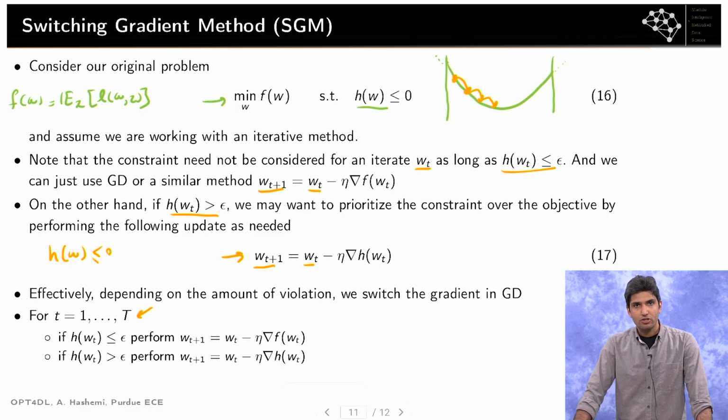Whereas in approaches based on the formulation of Lagrangian, we are handling both of them simultaneously. In each iteration, not only do we update W, but also lambda, to make sure that we are simultaneously progressing toward minimizing the value of the objective while ensuring that our solutions become feasible.